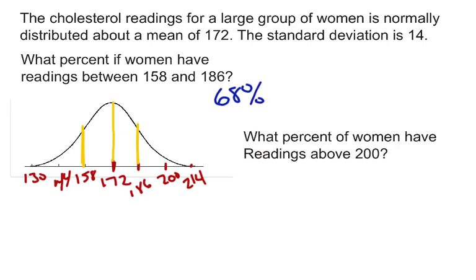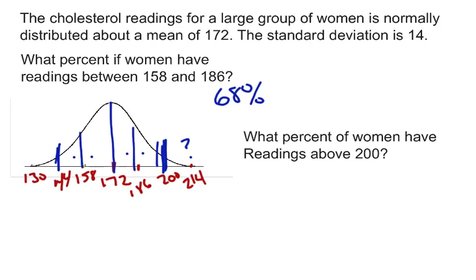And what percentage of the women have readings above 200? Well, let me clean up my picture a little bit here. Right, it's not above 200%, it's above 200. So we want to know how much is over here. Well, from here to here, this is 1, 2 standard deviations on either side of the mean.